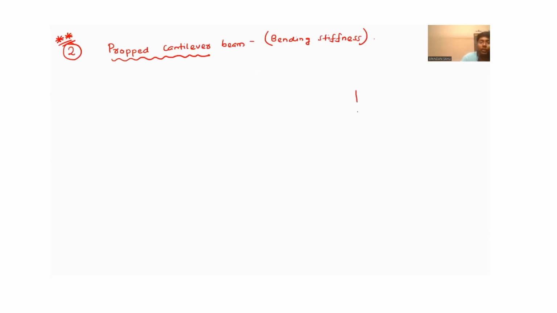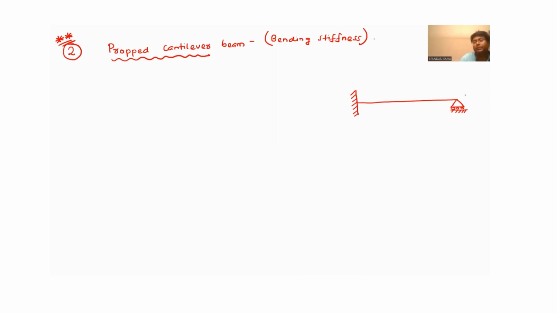So how does a propped cantilever look? One fixed end and one roller end. What is the PSI value? PSI would be 1. What will be the KI? KI would be 2.